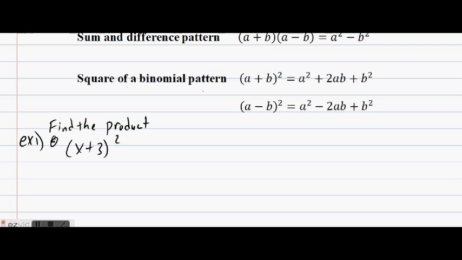Now we look at it, and instantly, something plus something squared, there it is. I really want you to understand what this means. It means you have x plus 3 times x plus 3, and you're writing it out twice.